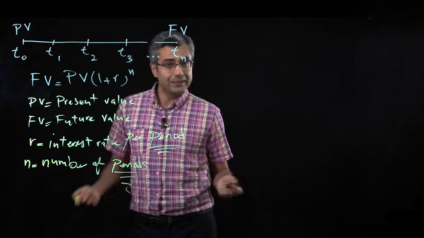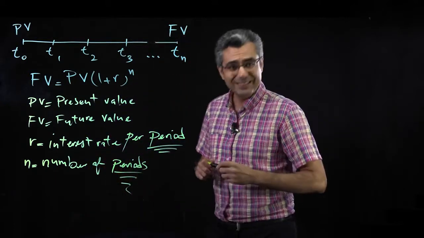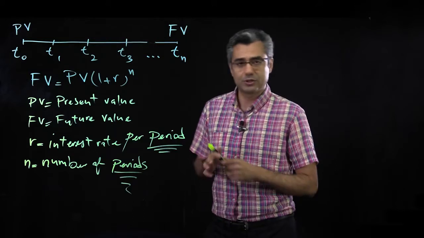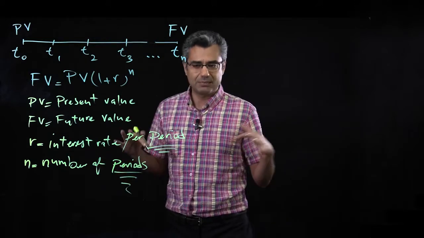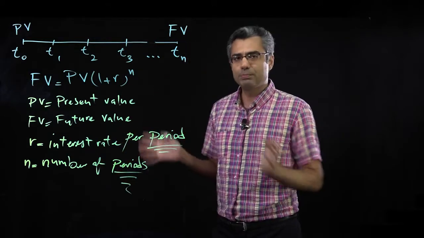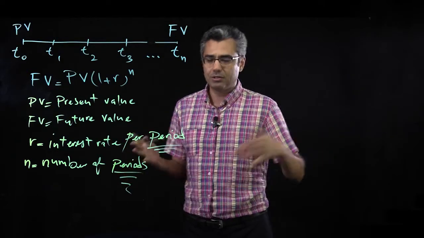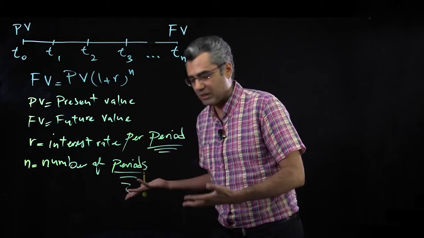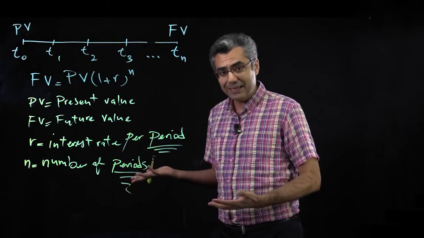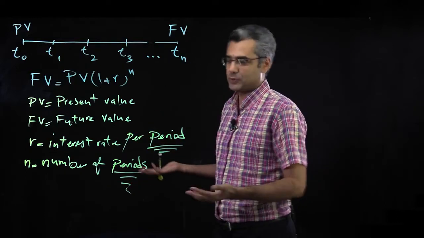Again, sometimes the period is not a year, but in many examples that I will give you, we assume the period is a year. But sometimes the period can be a month, 3 months, maybe 1 day, maybe 1 hour, so it depends.